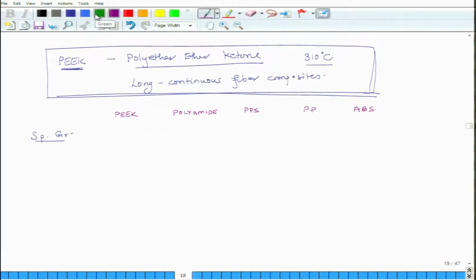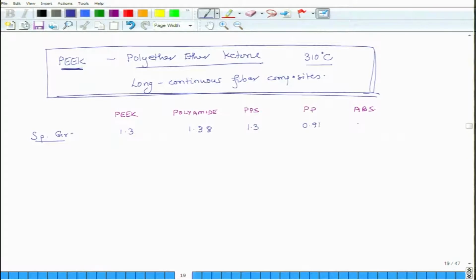So, specific gravity: 1.3, 1.38, they are about the same, 1.3, but polypropylene, this is a very popular material for day-to-day products, chairs, tables, glasses, because its density is very less, 0.91 for polypropylene.